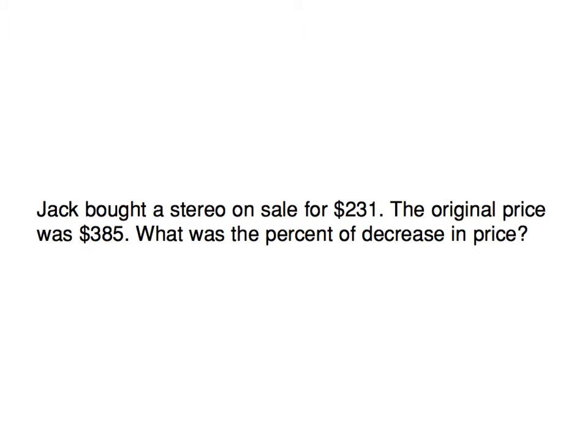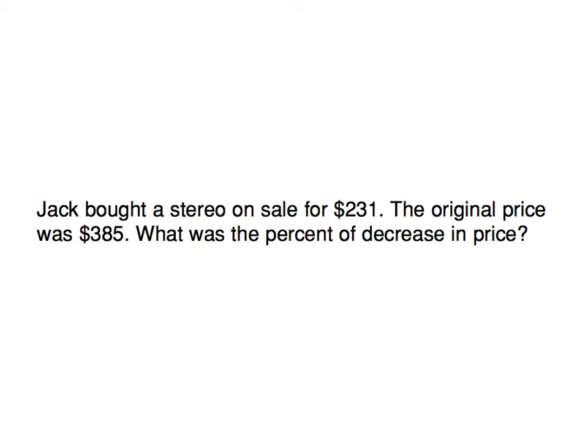Alright, we're going to follow a similar process here. If Jack bought a stereo on sale for $231, the original price was $385. What was the percent of decrease? Again, our first step is what is the amount of change? So we're going to do 385 and we're going to subtract 231.